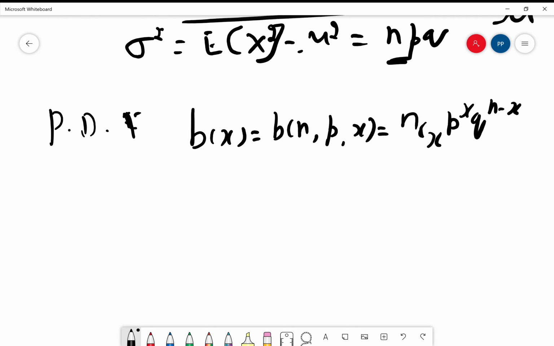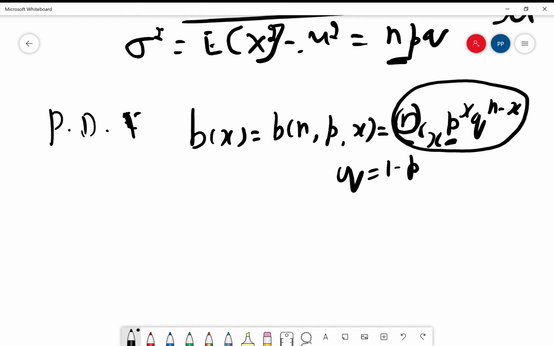Now you have to recognize n from the given problem, and p from the given problem. Once p is found, q can be found using the relation 1 minus p. Substitute here to get this function, and then giving the values for x, you can find the required probabilities.